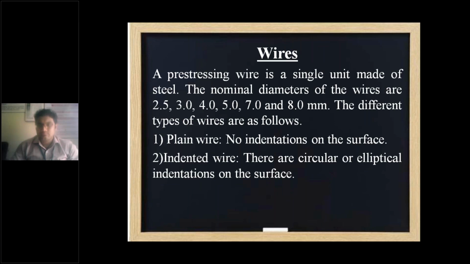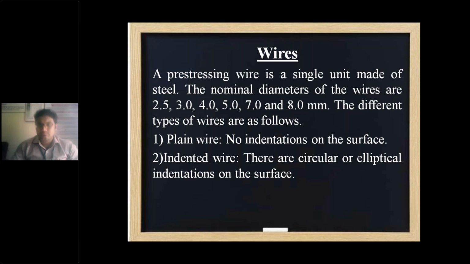That steel will be used in terms of wires. As we discussed, there are wires which are wound together to make a strand. Each wire has a different diameter. The prestressing wire is a single unit made of steel. The nominal diameters of the wires are like this: 2.5 mm wire, 3 mm wire, 4 mm wire, 5 mm wire, 7 mm, 8 mm, like this.